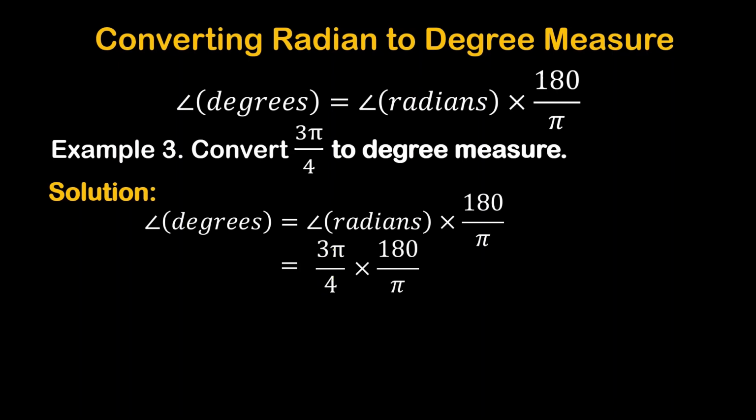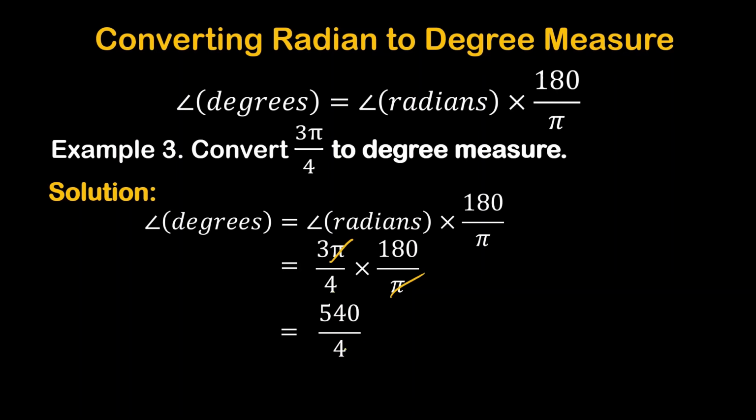As you can see dito, if we are going to multiply the 2, so ma-cancelled, okay? Ma-cancelled si pi. Okay, so ang matira na lang is, so we have 540. So if we're going to multiply 3 times 180, that is equal to 540. Then 4 times 1, that's equal to 4.